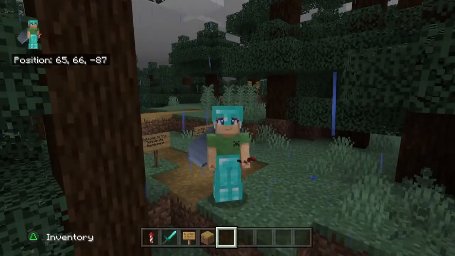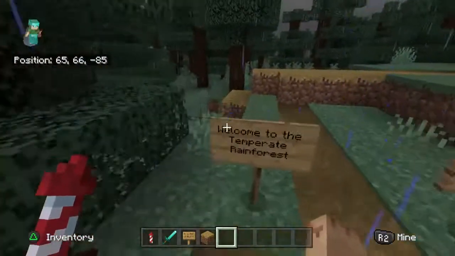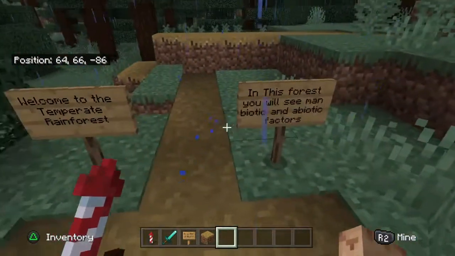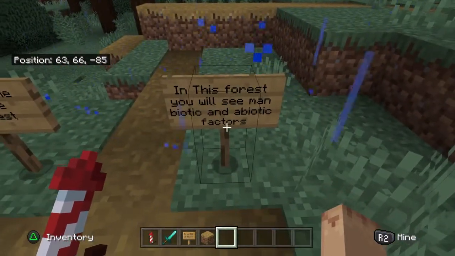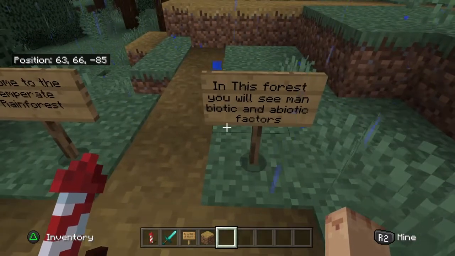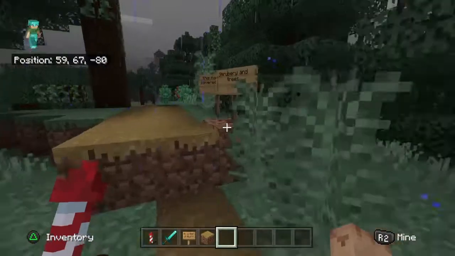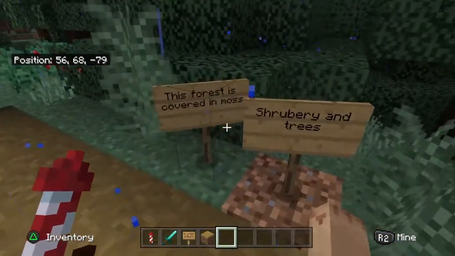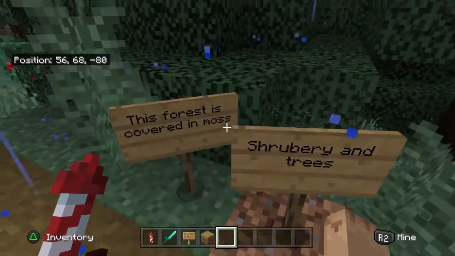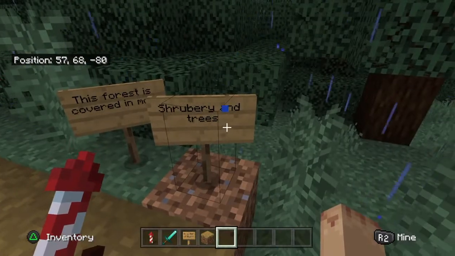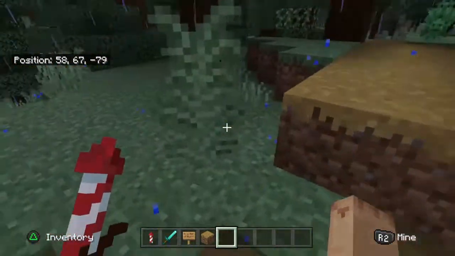This is my temperate rainforest. So, welcome to the temperate rainforest. This forest, you will see, has many biotic and abiotic factors. This forest is covered in moss, shrubbery, and trees. So we have some just mosses.